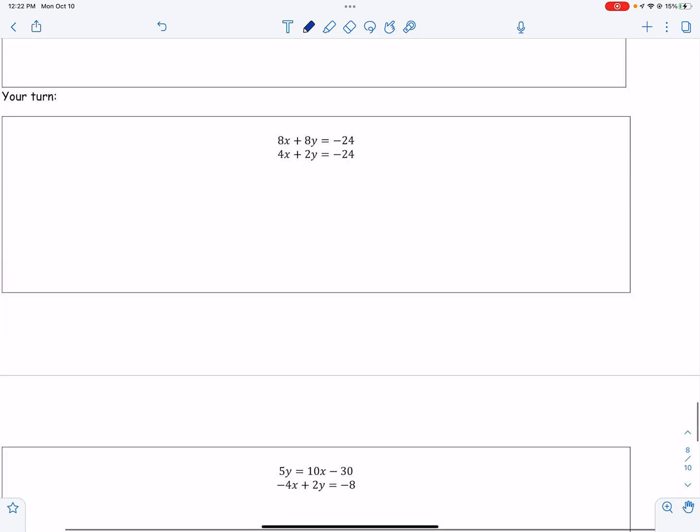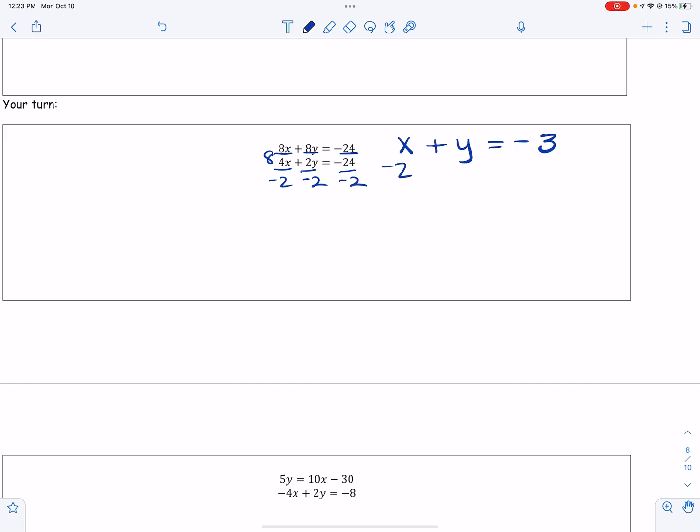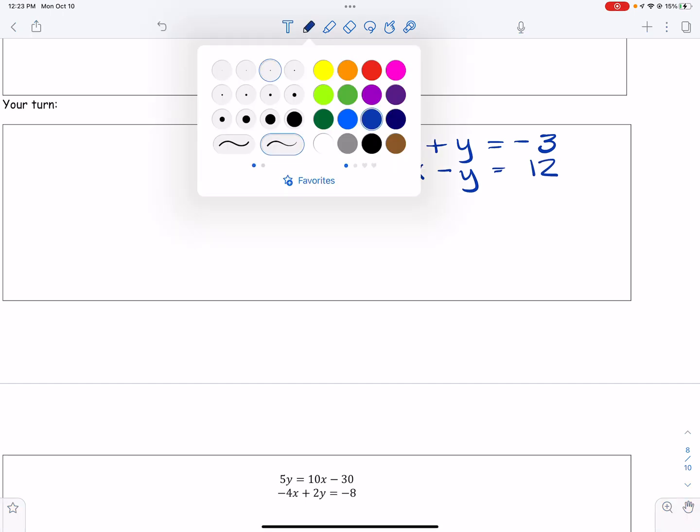Okay. So this one I'm going to simplify by dividing everything by 8. So I get x plus y is equal to negative 3. This one, I think I'm going to divide everything by a negative 2. So I get negative 2x minus y is equal to positive 12.